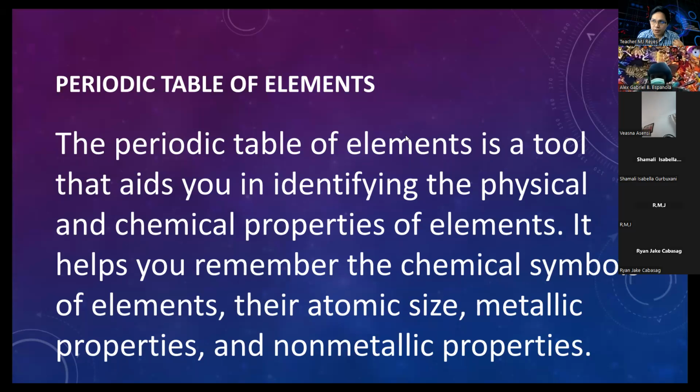Is it in a liquid phase, a gaseous phase, or a metallic phase? The periodic table is a tool that aids you in identifying physical and chemical properties of elements. It helps you remember the chemical symbols, atomic size, metallic properties, and non-metallic properties.